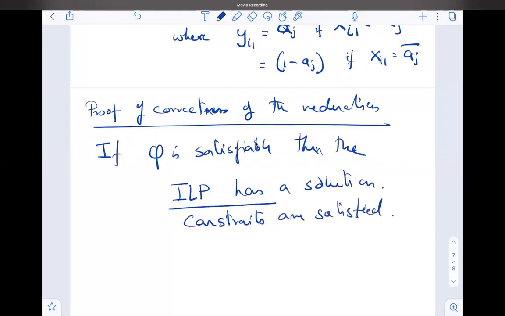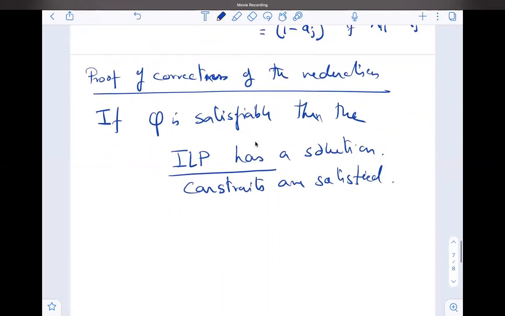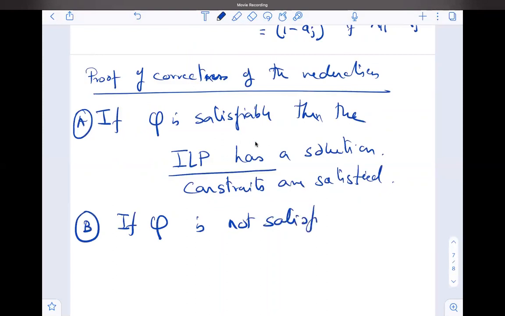That is one thing that you have to prove. Let me call this one A. And you have to prove the second one, the opposite: if phi is not satisfiable, then the ILP has no solution.